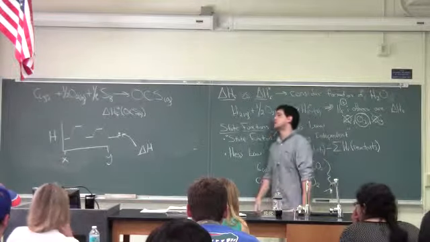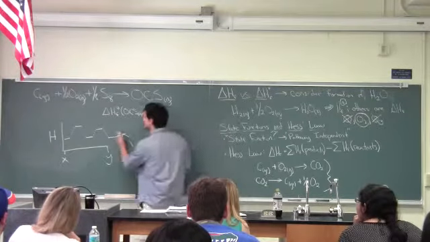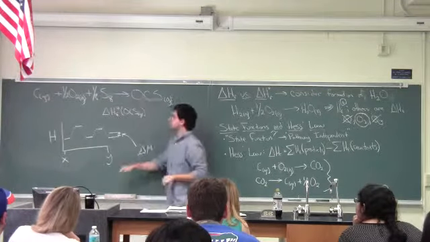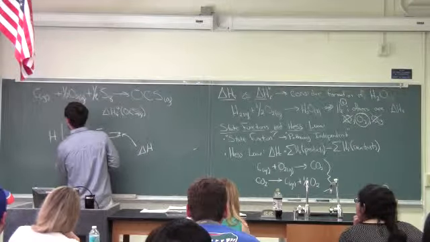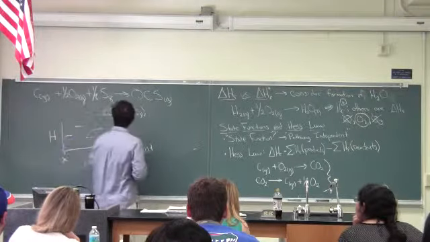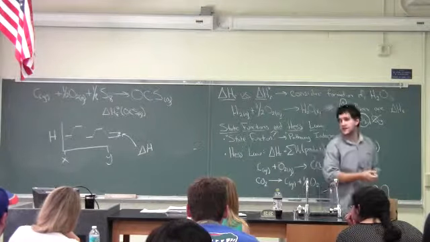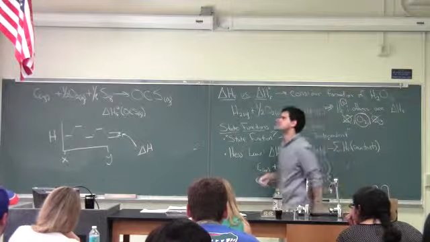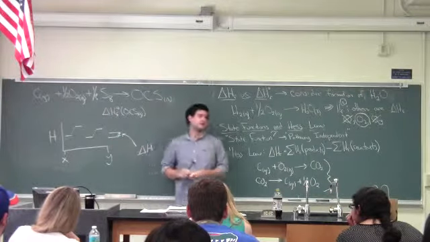Doesn't matter. This delta H value is always going to be the same. It's always going to be that small difference between my product and my reactant. Now this can be positive or negative, we know that. Bond improvement, disprovement. But my pathway doesn't matter.